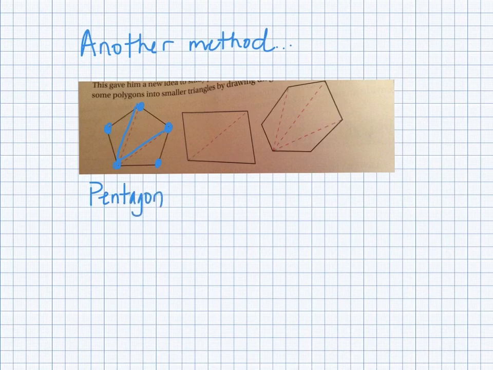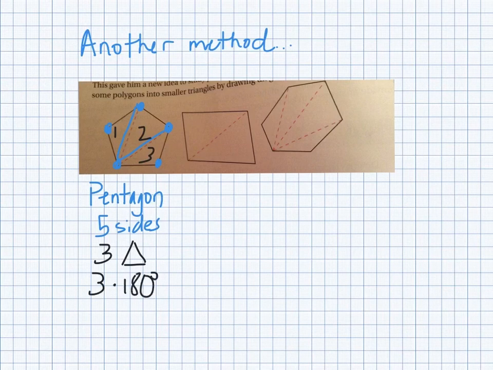Okay, from there we notice a pentagon with 5 sides can be divided into 3 irregular triangles. And since each triangle is 180 degrees, 3 triangles would be 540 degrees. We use that same method on our quadrilateral.